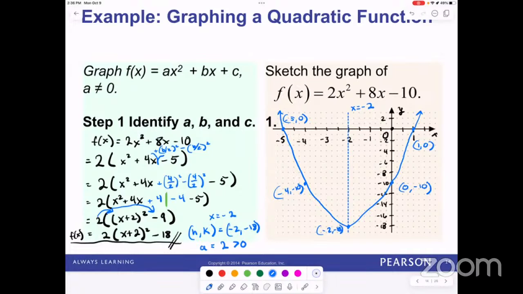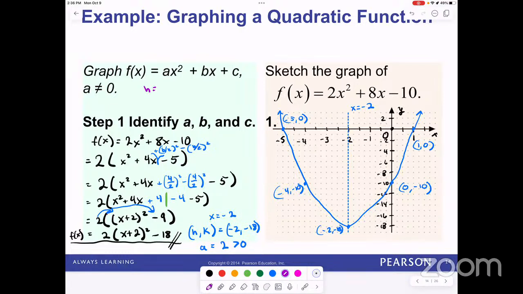Oh, so with this example, we kind of showcased rewriting our function using completing the square to write it in standard form. Another technique that we could have done is use the vertex formula, which will take us straight to the coordinates of the vertex, right? So the vertex formula is as follows. H being the x coordinate of our vertex, that formula is going to be -b/2a.